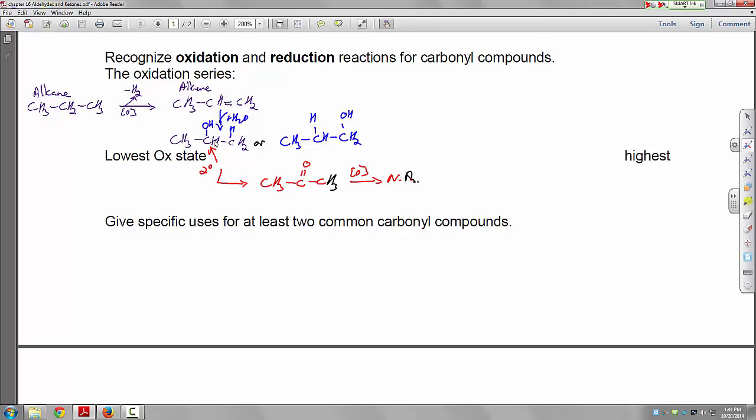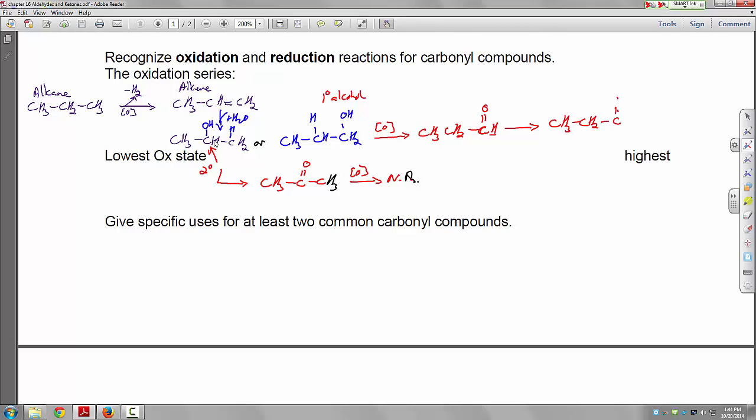However, this is a primary alcohol, and primary alcohols can be oxidized to the aldehyde. Remember, aldehydes are at the end of a chain, and they have a hydrogen on the carbonyl, and then further oxidized to the acid. That will be the next chapter.